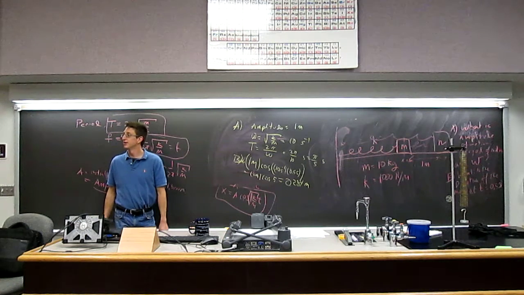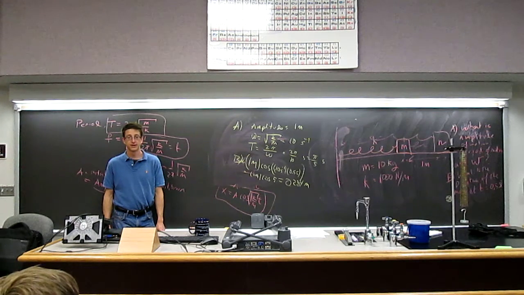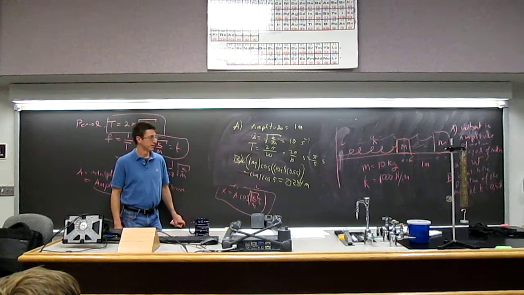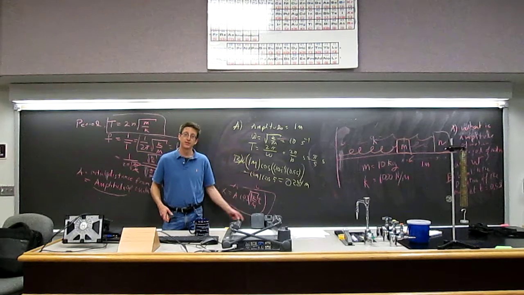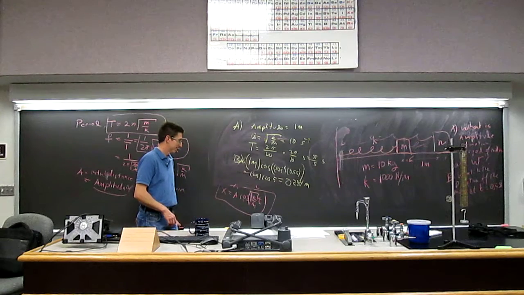Make sense? Can you also have done for the period 2 pi times the square root of m over k? Yeah, should be the same thing, right? I got 62.8 when I did it the other way, and when I did it that way, I got 0.628.